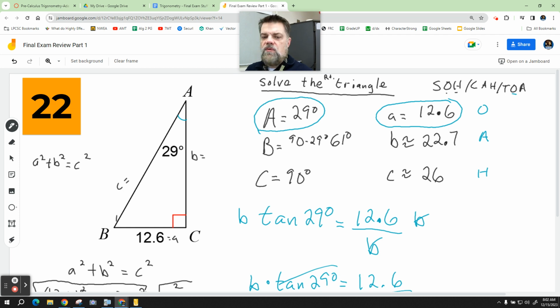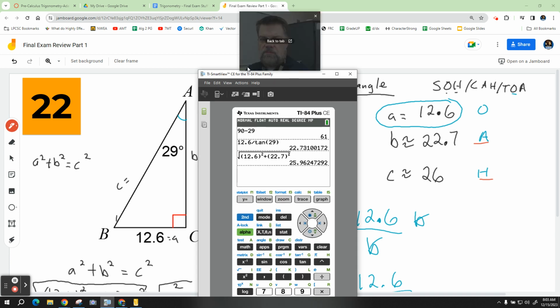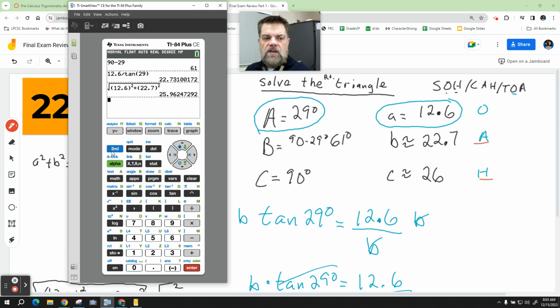The other thing we could do, and it would only take a second, is we kind of know what the adjacent over the hypotenuse would be, and we could see what that angle would be. In other words, I could do arc cosine of 22.7 divided by 26.